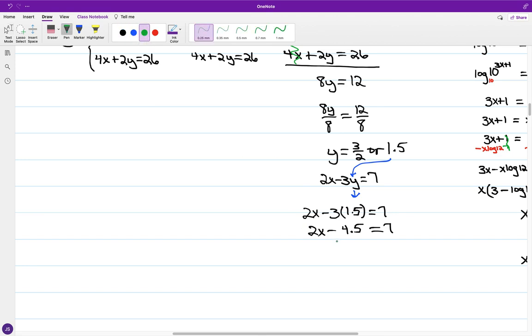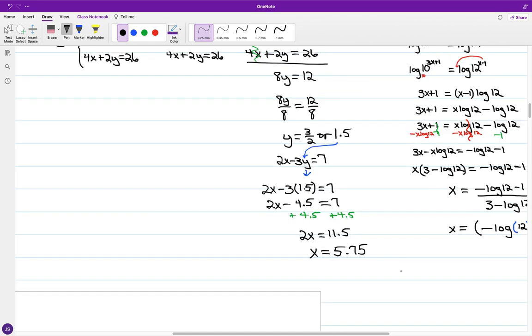So we've got some decimals in the mix. Then 2x is equal to 11.5, and dividing by 2 gives another decimal value: 11.5 divided by 2 is 5 3/4 or 5.75.